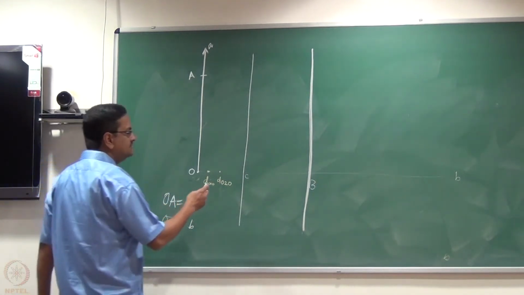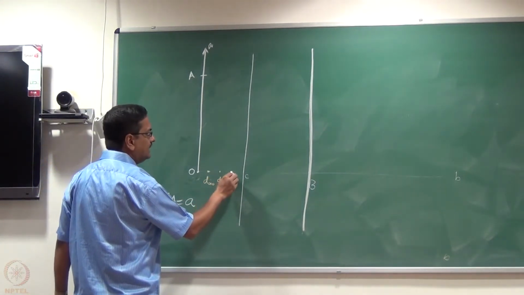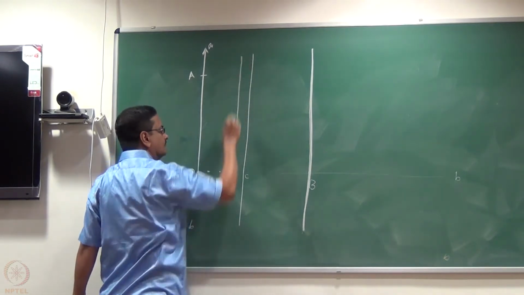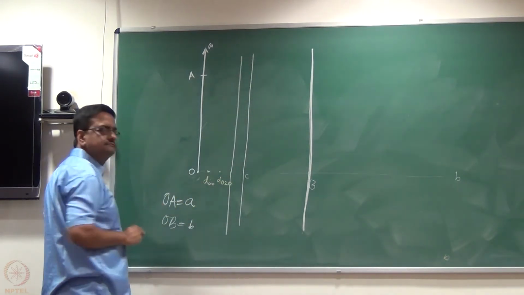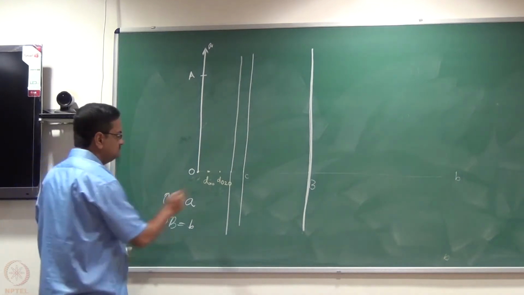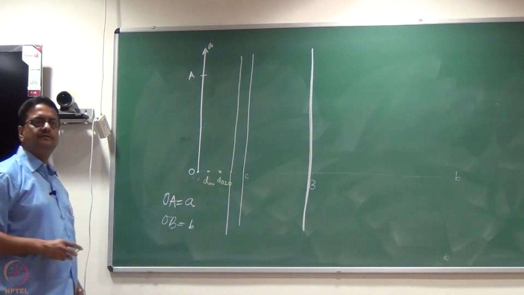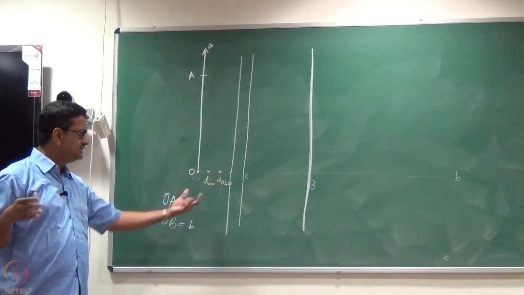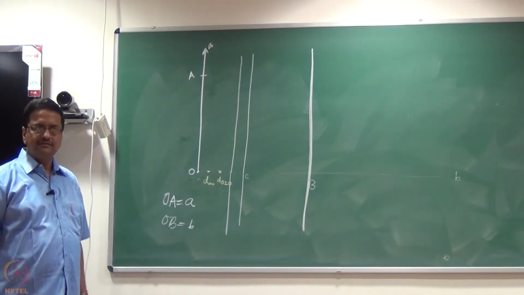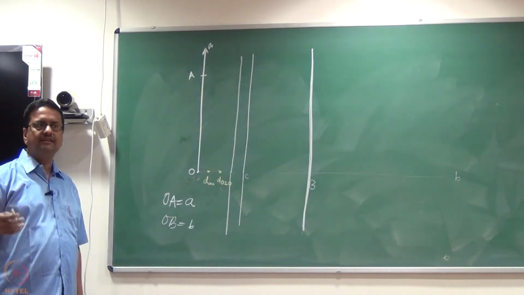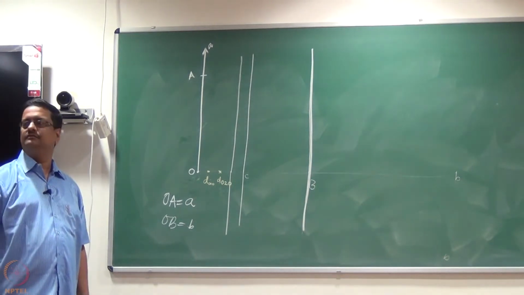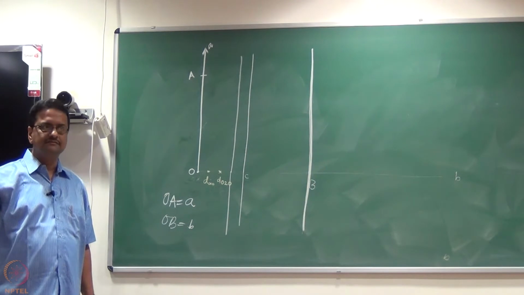I do it at 1/3. So this distance is about 0.33, so 1 by 3.333.